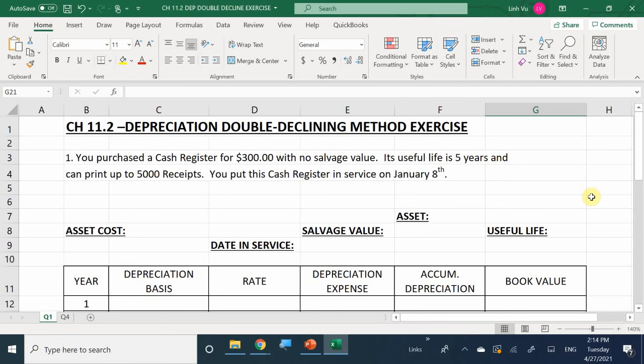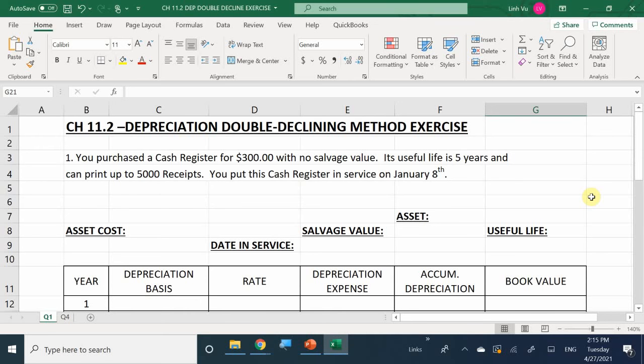Here you purchase a cash register for $300, and it has no salvage value, right? And it has a useful life of 5 years, and it can print up to 5,000 receipts before it needs maintenance.